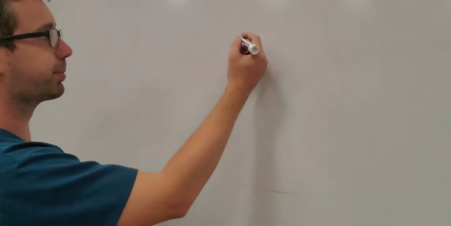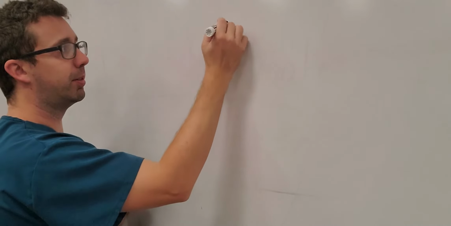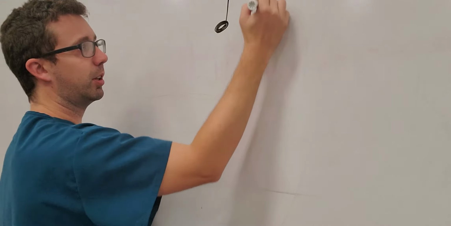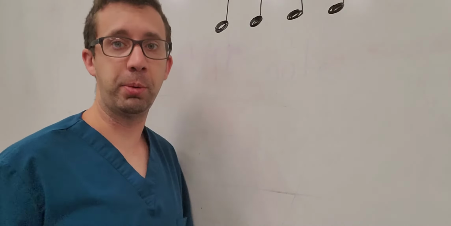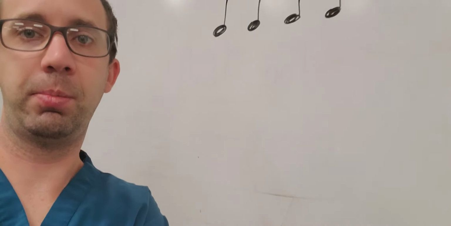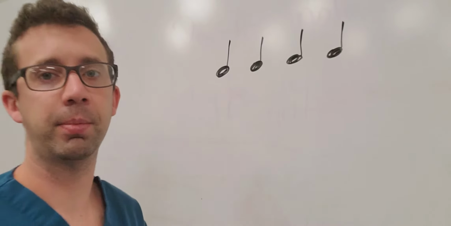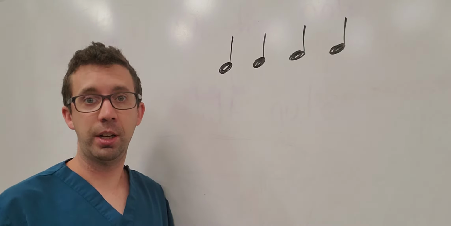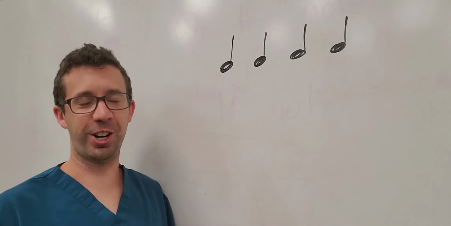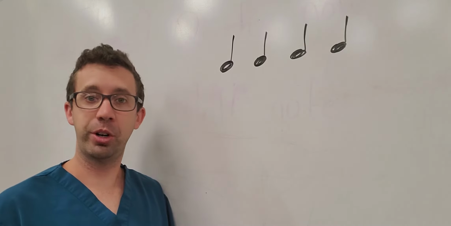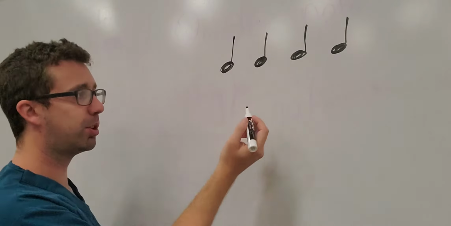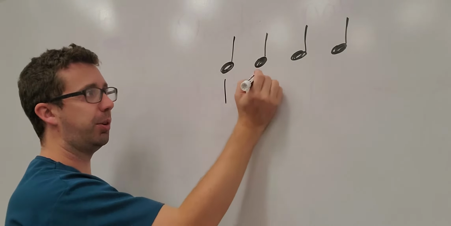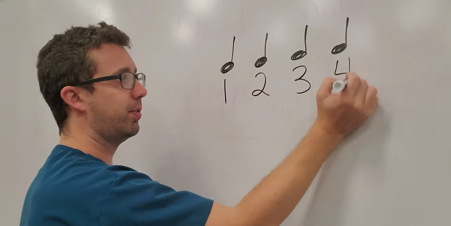So here we go. If you remember, quarter notes look like this. And if you want to open up your chart, oh, here, let me move my camera. There you go. You can open up to chart 1 or chart 2, and you can follow along here. These quarter notes are just counted 1, 2, 3, and 4.